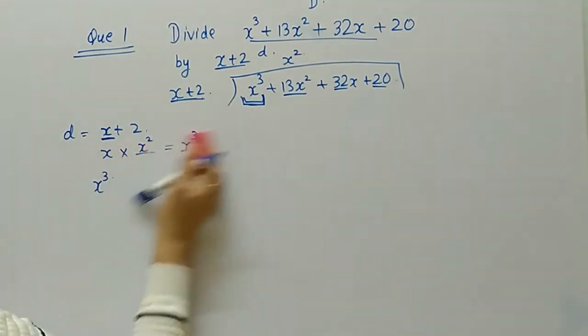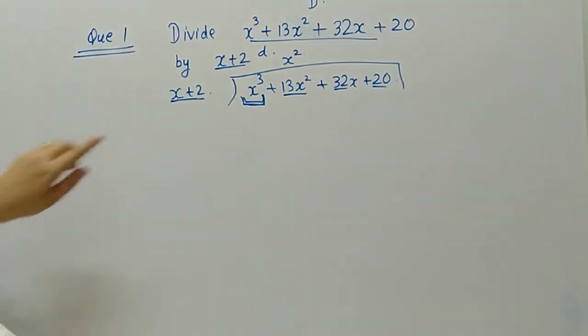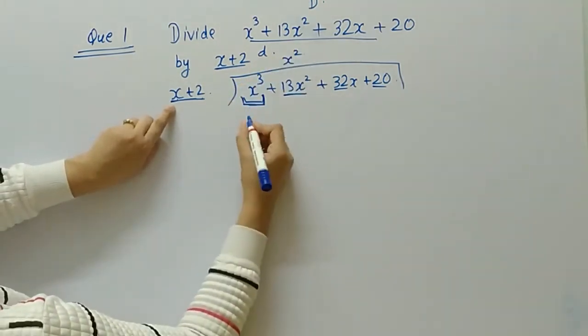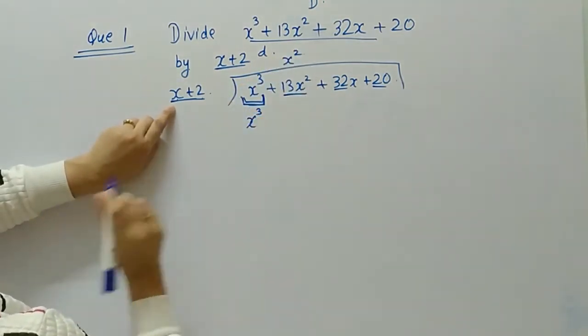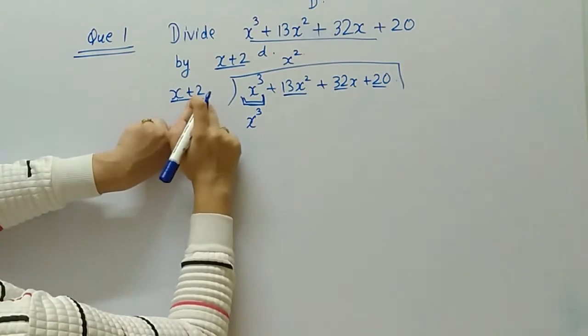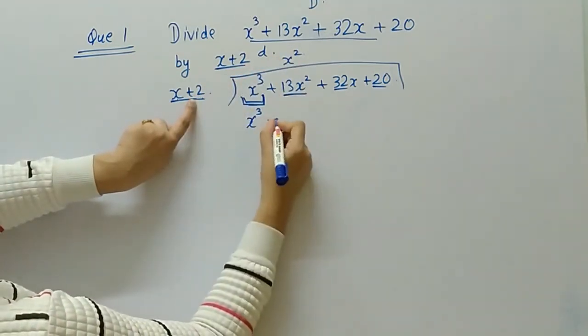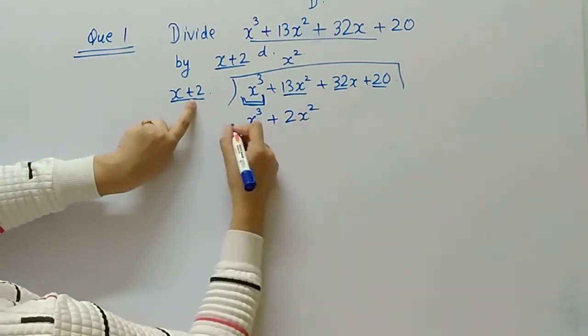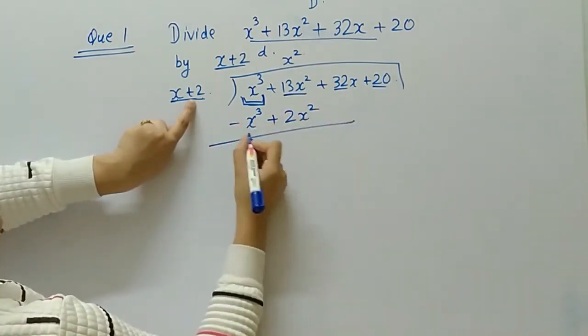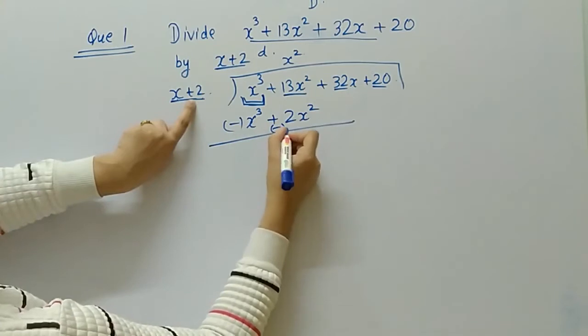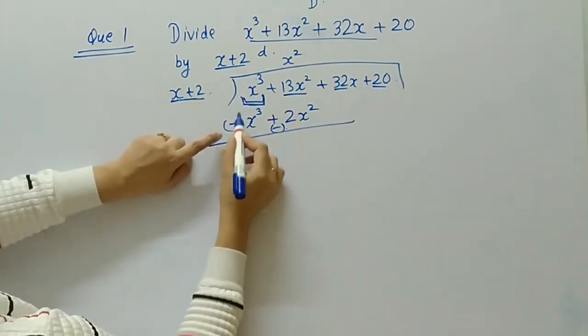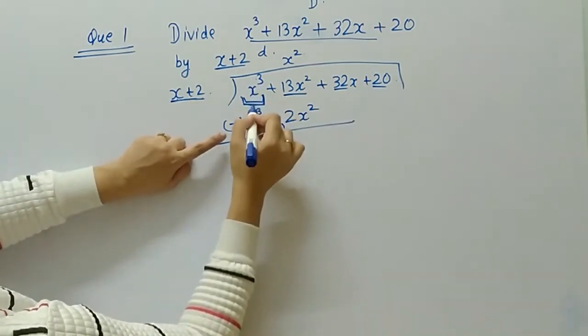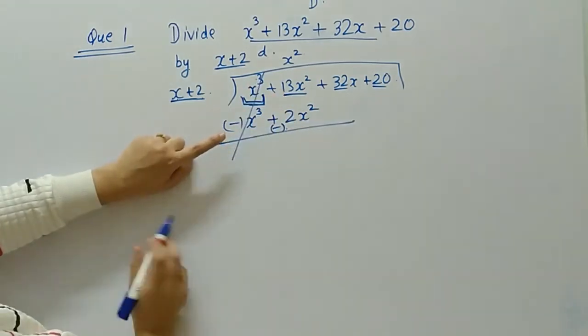So when x is multiplied by x square, we will get x cube. And when 2 is multiplied by x square, we will get plus 2x square. Now we will subtract. So x cube minus x cube will be cancelled.